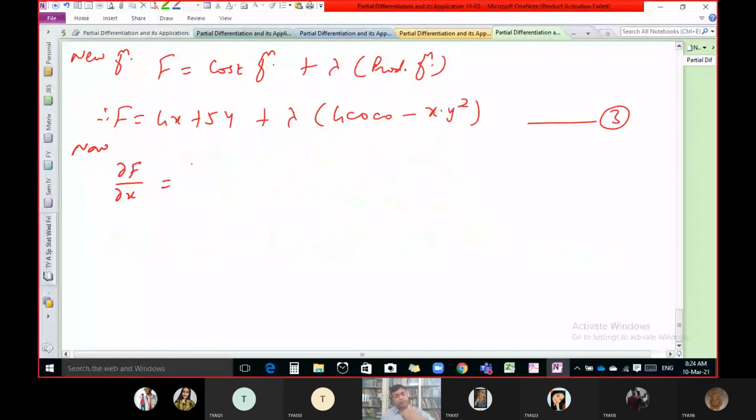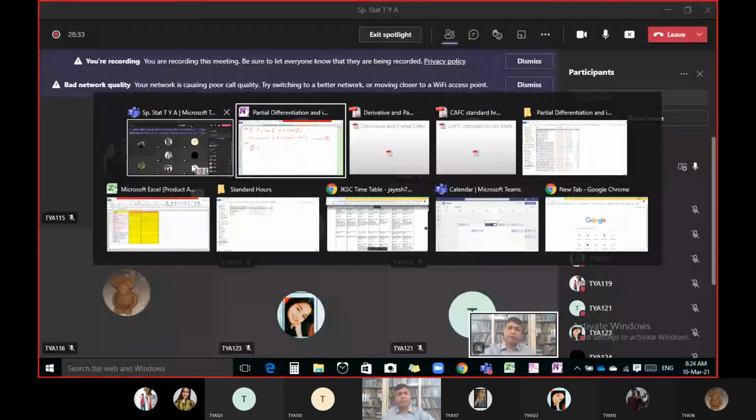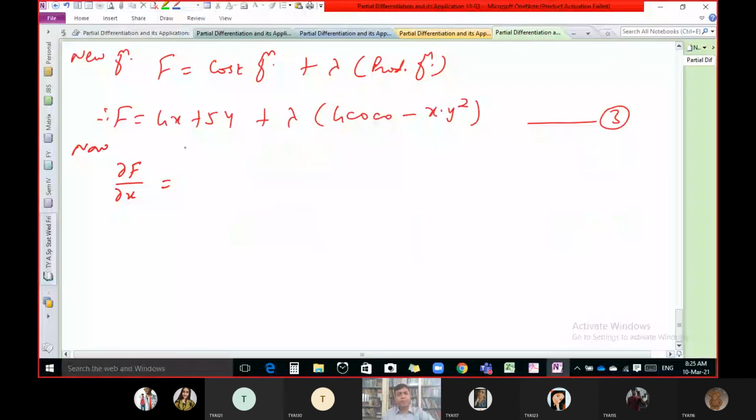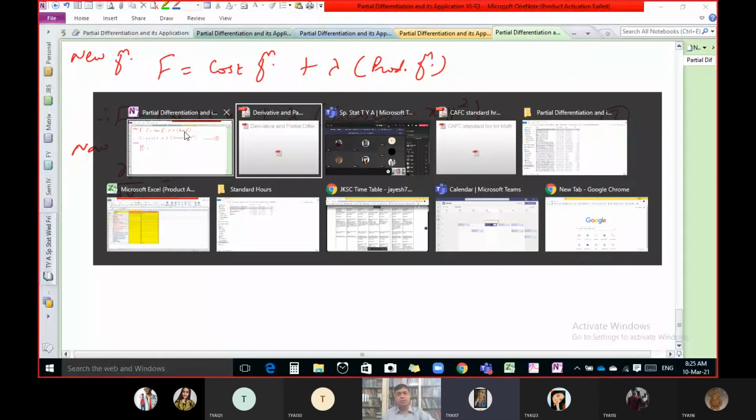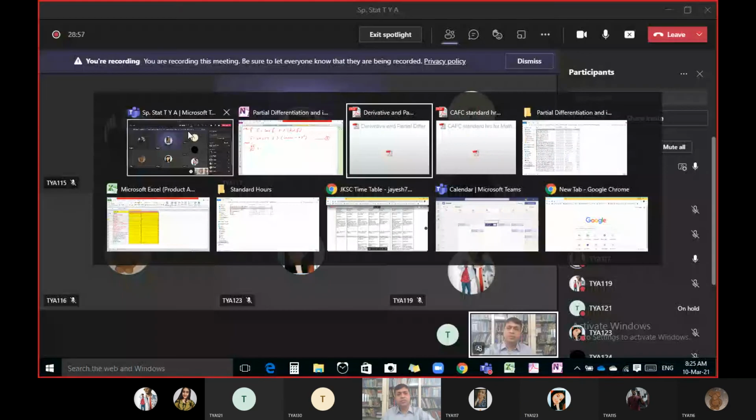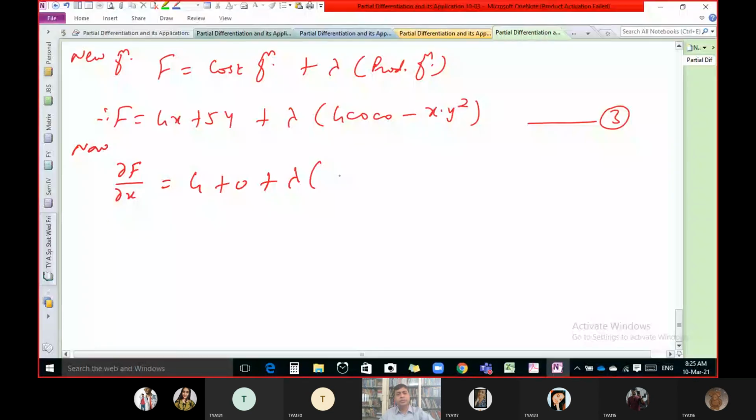Derivative of 4x is 4, plus 0, plus lambda in bracket, derivative of 40,000 is 0, minus y square.